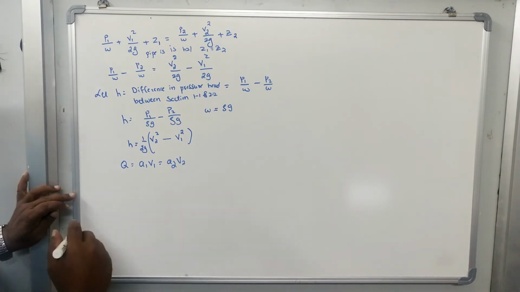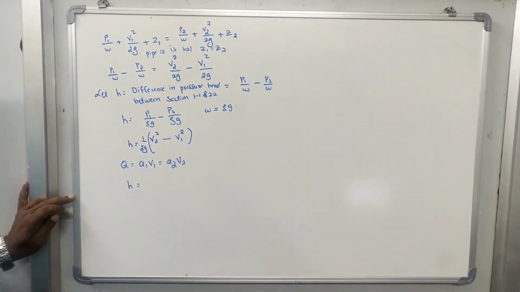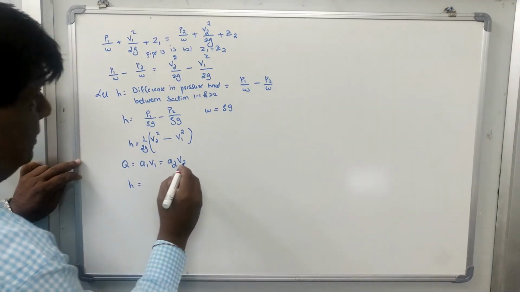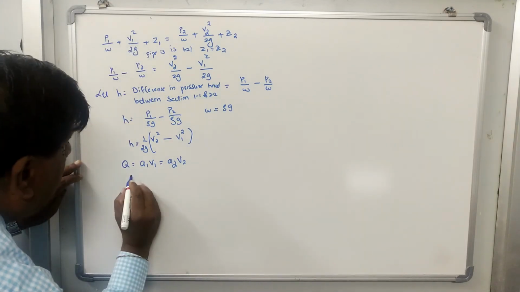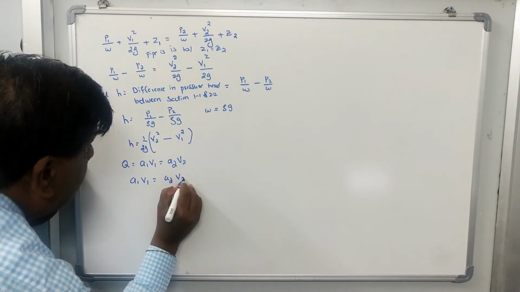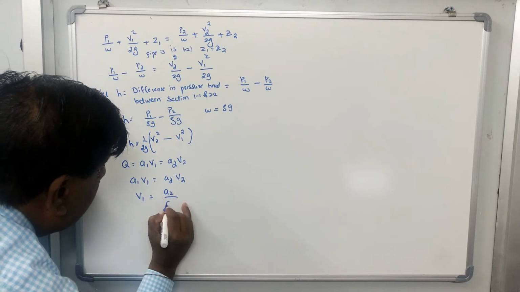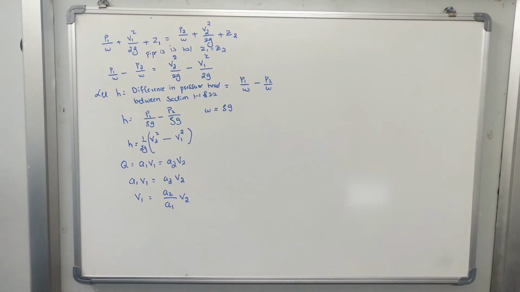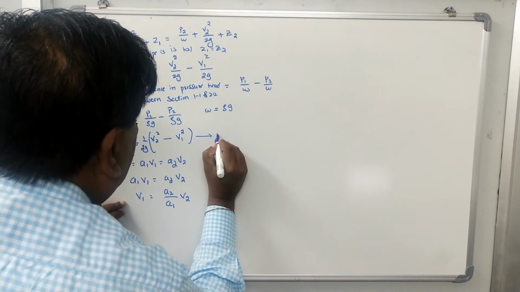If this equation is satisfied, then only we can say that the flow is continuous inside the pipe. Okay, so A1 V1 is equal to A2 V2, or V1 is equal to A2 by A1 multiplied by V2. Let us take this as equation 1.